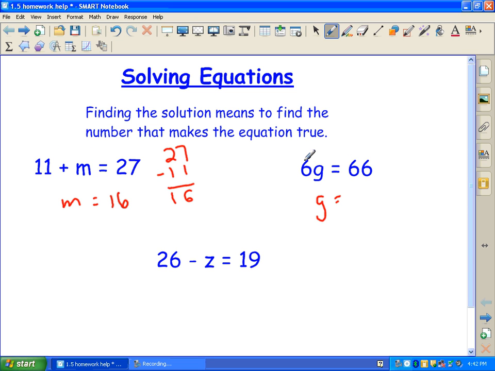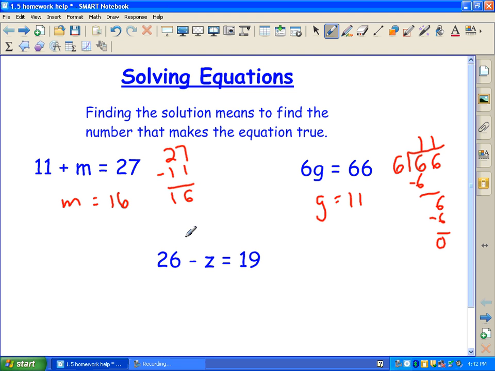So over here, I'm saying 6 times what would give me 66. If I'm not sure what that is, I can divide these, do the opposite, and I'll get my answer, which is 11. So I can either use mental math or I can do the opposite, and that'll give me the correct answer.